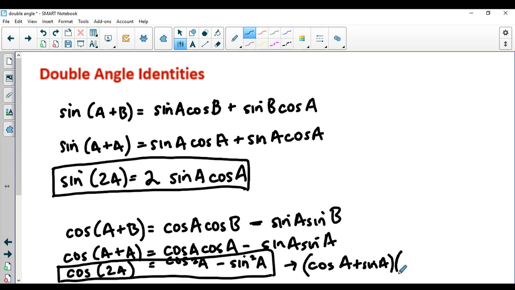So if ever you're doing an identity and you need to simplify, remember you can factor this way, minus the sine of A. Okay, so we're going to do a proof. We'll do two of them.